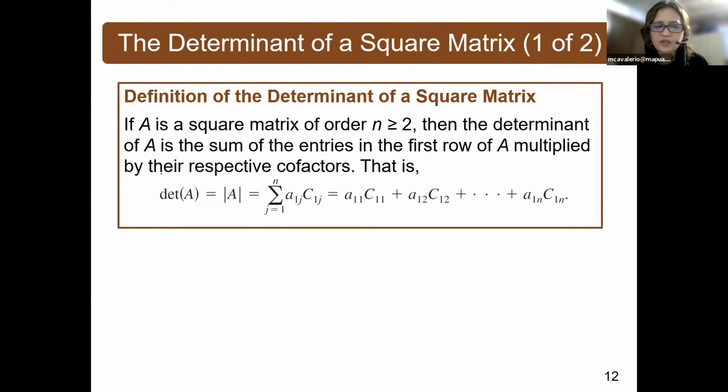That is, the determinant of A is equal to the summation of the products a sub 1j and the cofactor C sub 1j, beginning from j equals 1 up to n. So we will have a11 C11 plus a12 C12 plus dot, dot, dot plus a sub 1n multiplied to the cofactor C sub 1n.